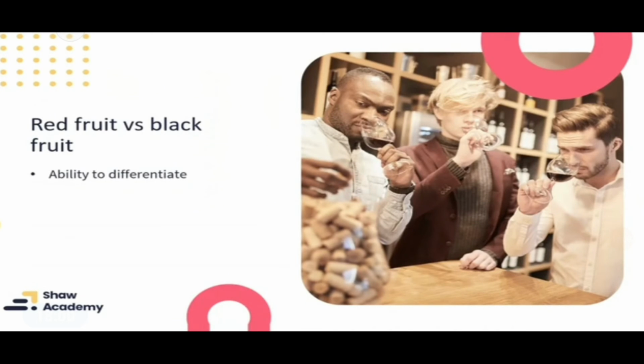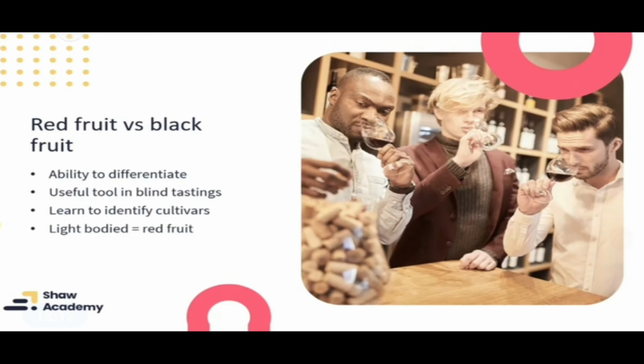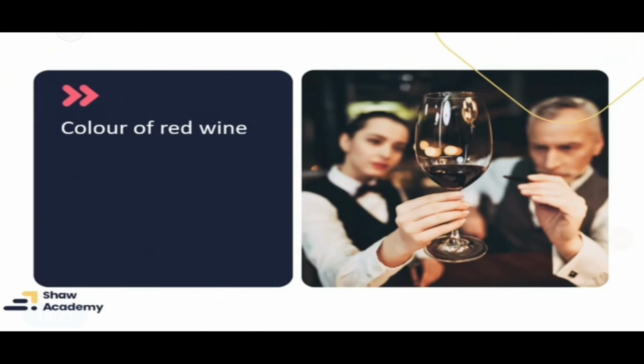The ability to differentiate between black fruits and red fruits will be a useful tool in blind tastings, for example, as it is always a good way to learn to start identifying cultivars through sensorial evaluation. As a general rule of thumb, light-bodied wines express flavors and aromas in the realm of red fruits, and in the fuller-bodied wines, you're going to expect more black fruits.